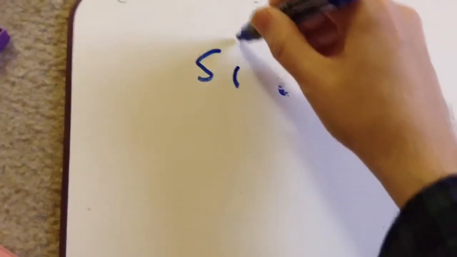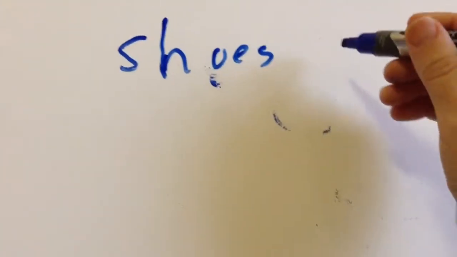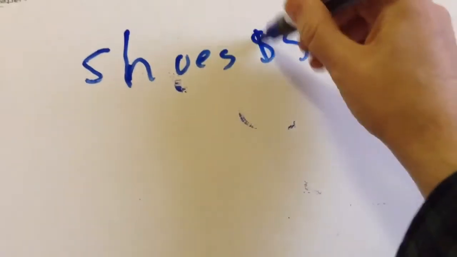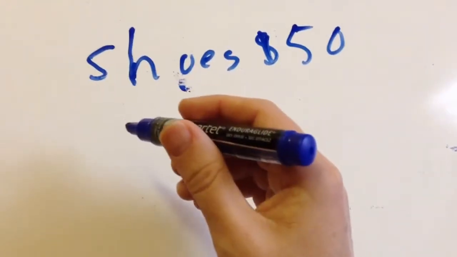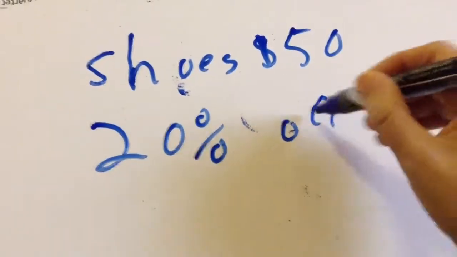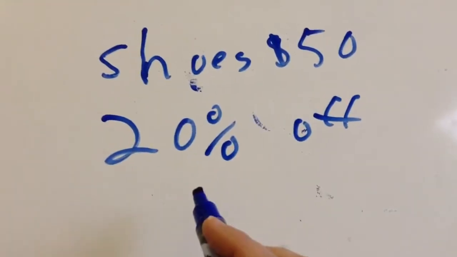Let's say we have some shoes, and they cost, I don't know, $50. But we know that they are 20% off. So we make our proportion.